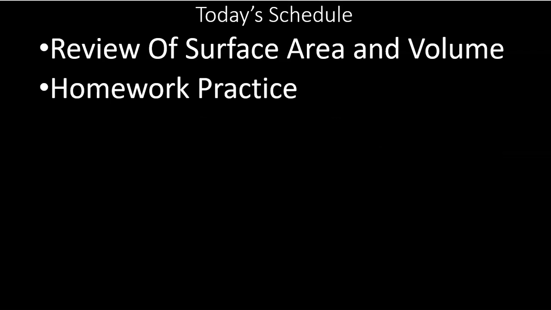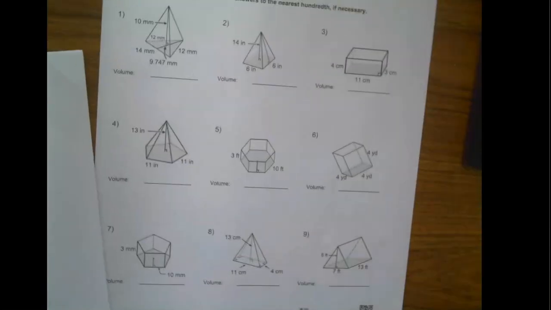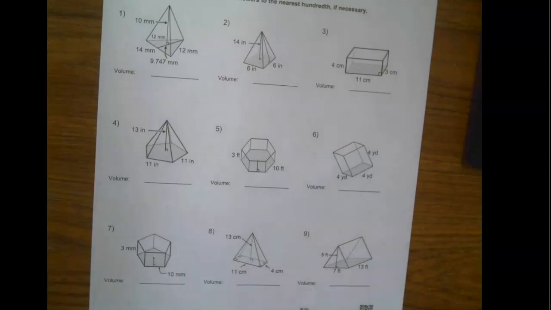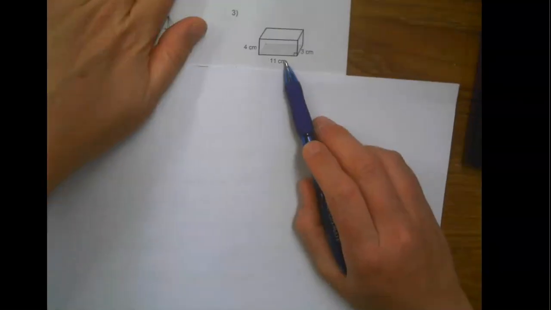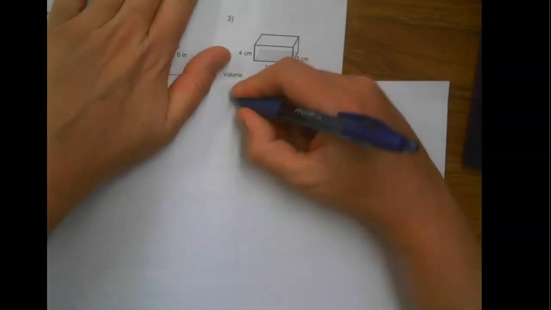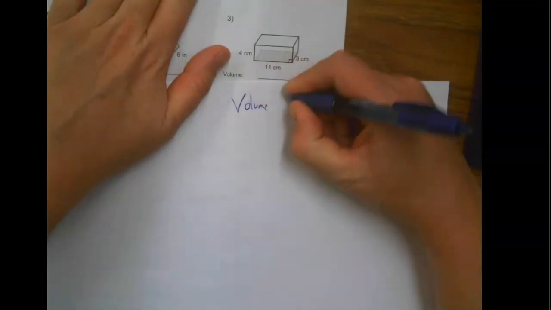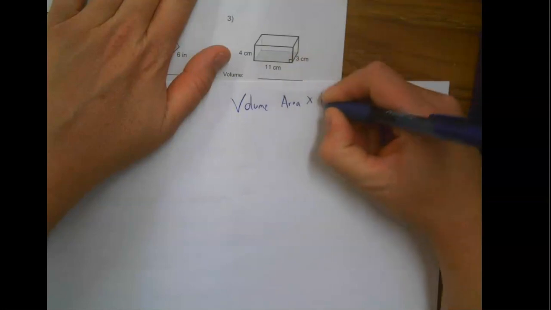Today we're reviewing surface area and volume, and we're doing homework practice. So let's go through and review surface area. As we look at surface area, we have some pyramids and some prisms. I'm just going to start with the basic rectangle. For volume, volume is always area of the base times the height.